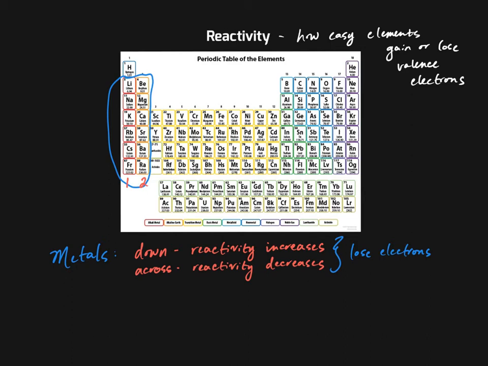The next trend that we can talk about for reactivity is for nonmetals. And for nonmetals, I'm talking about this group right here, groups 13 through 17. Now, halogens are nonmetals too, but they have a full outer shell, so they just kind of want to stay put. They don't want to gain or lose.